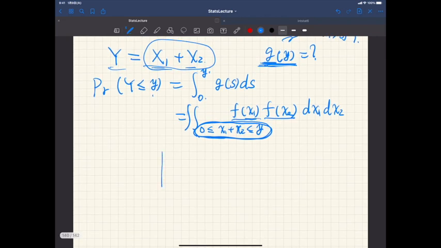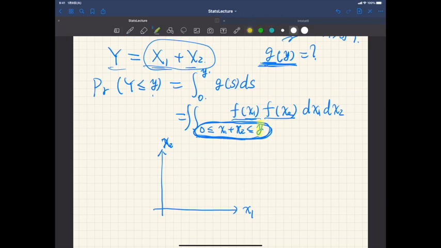So if we consider two-dimensional space, so let's say x1 and x2. Okay, so what is the region where this is satisfied?